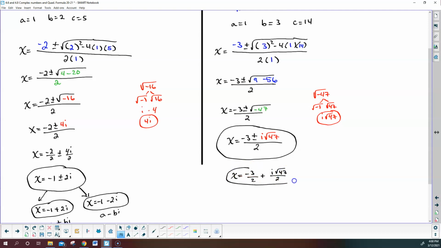There's the first answer using the addition portion of the plus or minus, and the second one will be written using the subtraction. And those are my two answers.